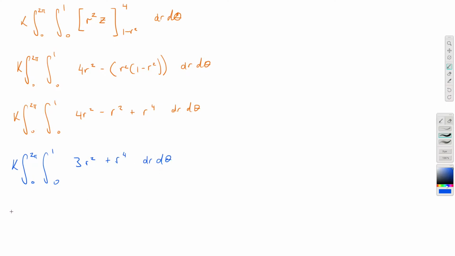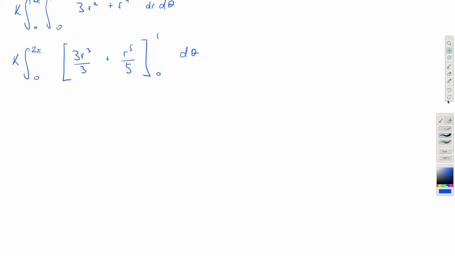The next step is integrating with respect to r. You're going to get 3r cubed on 3 plus r to the 5 on 5, between 0 and 1, d theta.